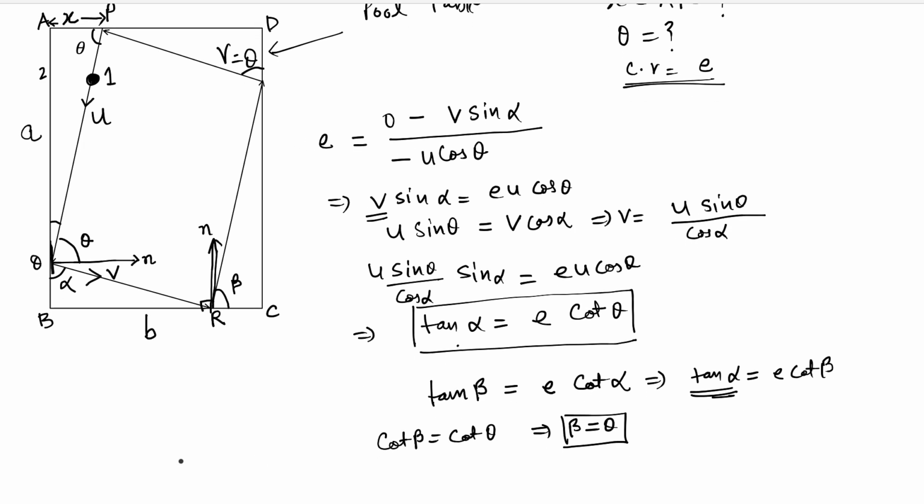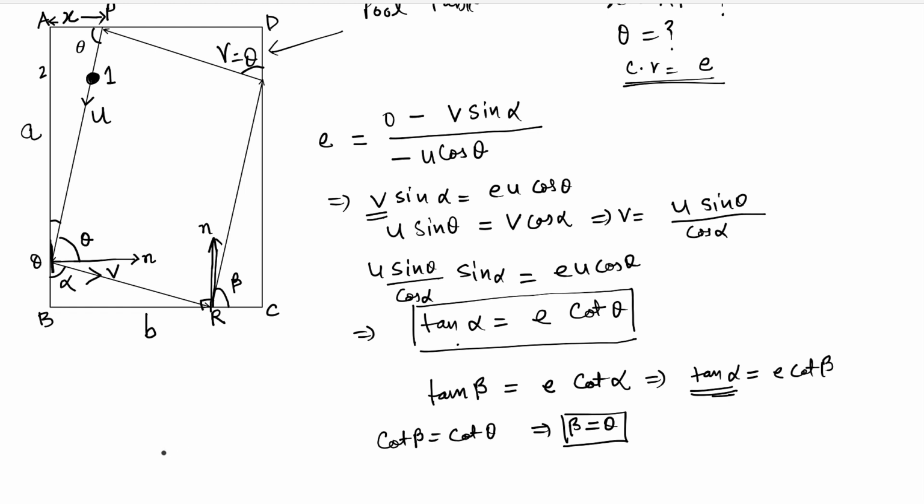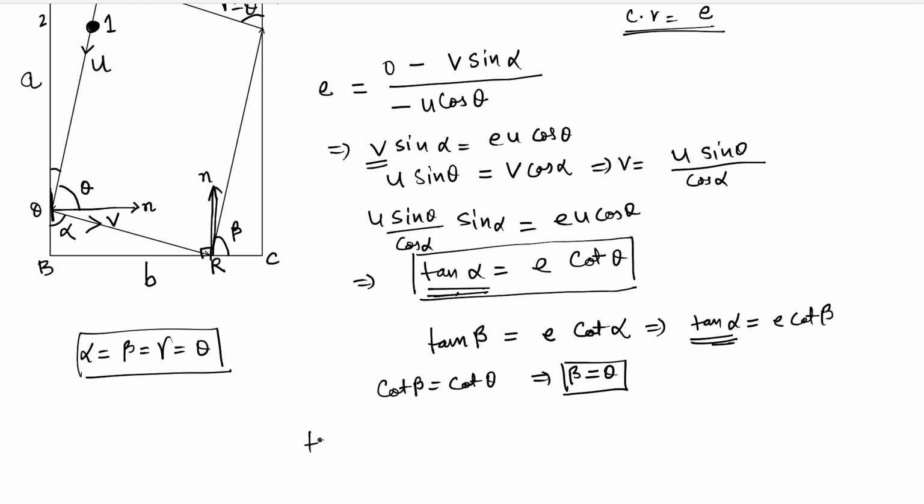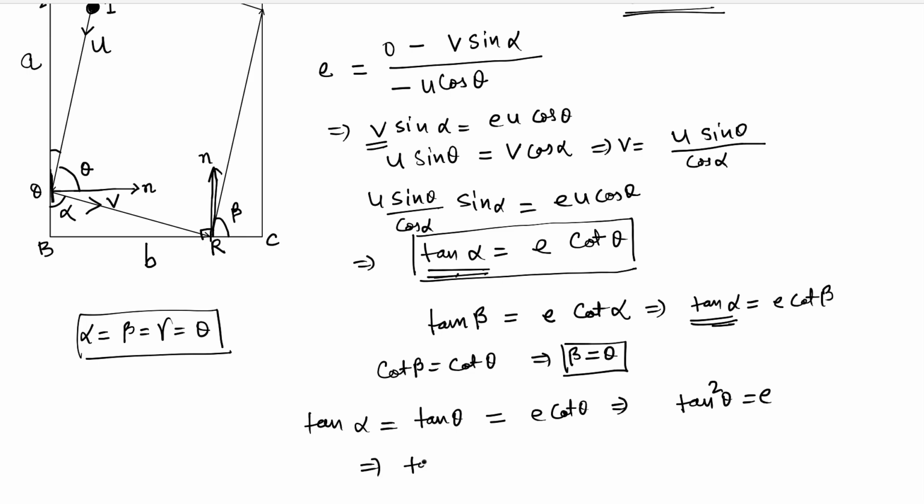So what we get here is that alpha is equal to beta equal to gamma, and that should be equal to theta. Okay, so we can write tan alpha as tan theta equal to e cot theta, which means tan square theta is e, and therefore tan theta should be root e.